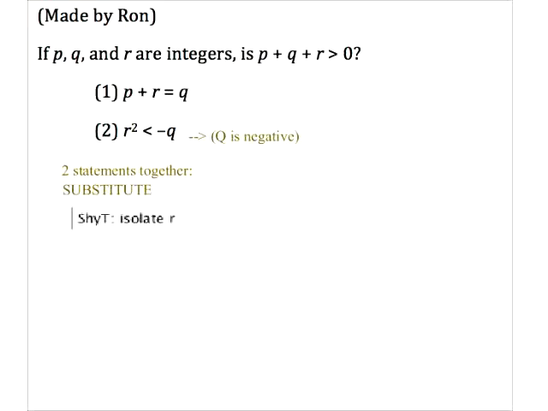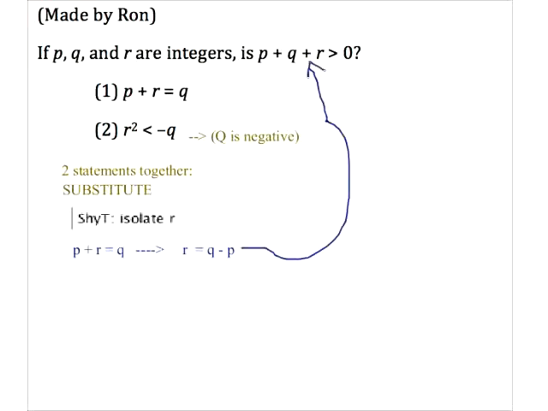If you isolate R from statement 1, P plus R equals Q, which means that R is Q minus P. So then what we can do is we can take that and plug it back into the question. Remembering to keep it as a question.